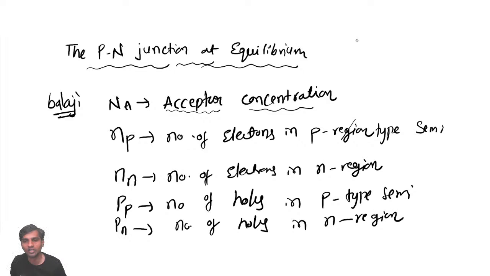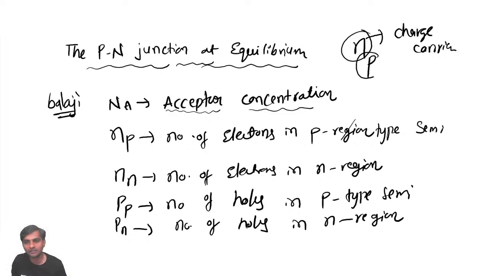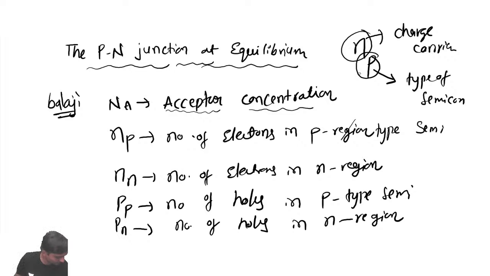Always remember, in NP, the first letter represents the charge carrier and the second represents the type of semiconductor. This is called the subscript, Balaji. Always remember the subscript is the type of semiconductor. Don't get confused.